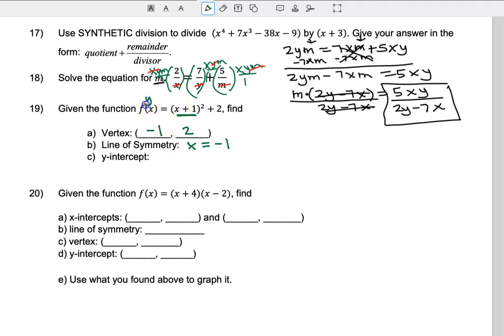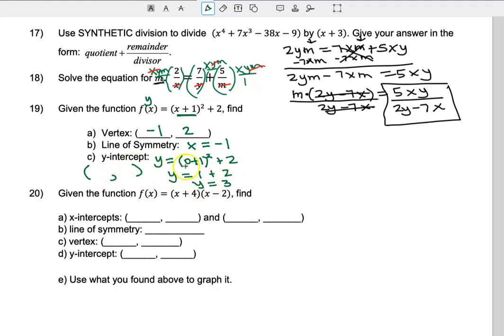So remember, this f of x is really y. So if I put this down here, y equals 0 plus 1 squared plus 2. Well, 0 plus 1 is just 1. 1 squared is 1. So I've got y equals 1 plus 2. So y equals 3.